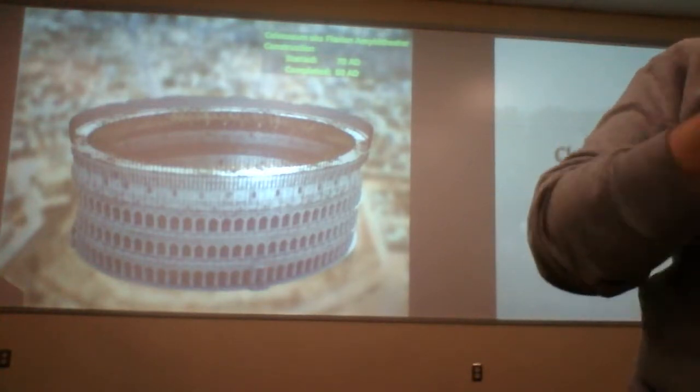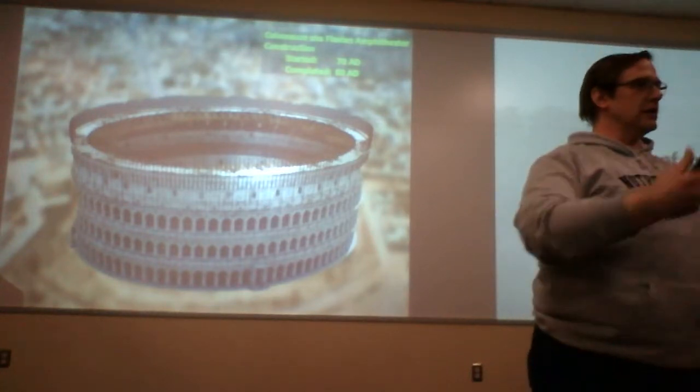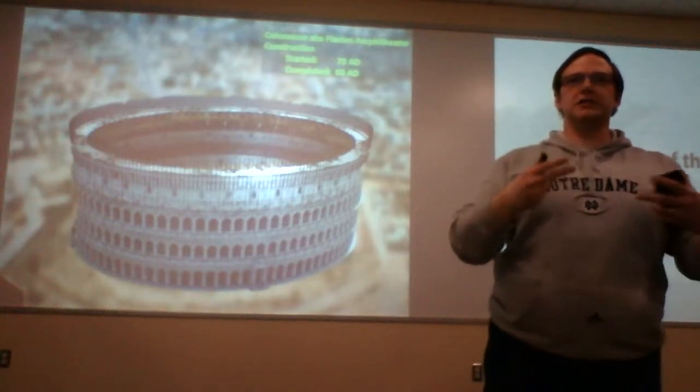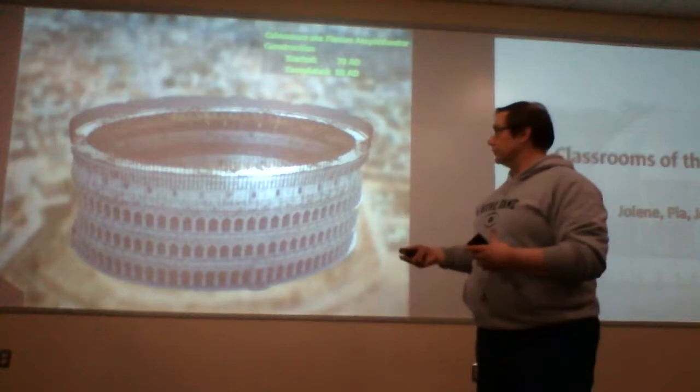They will be able to go to Rome through the virtual reality, see the Colosseum ruins, and have it transformed in front of them and experience the Colosseum as it was after it was originally built.